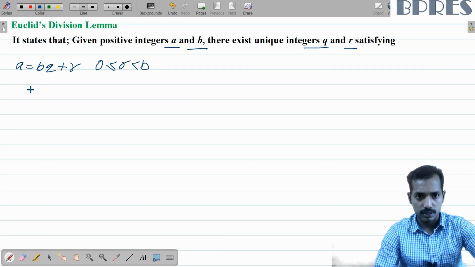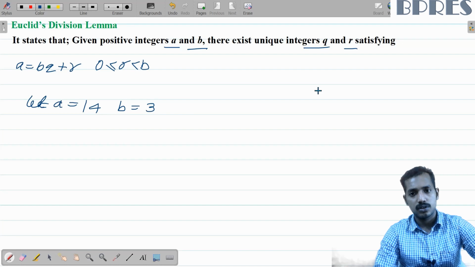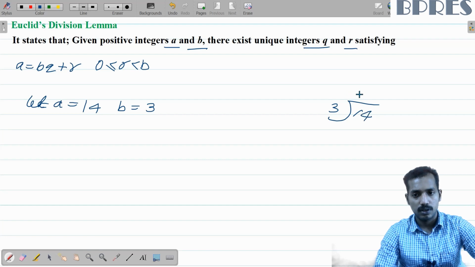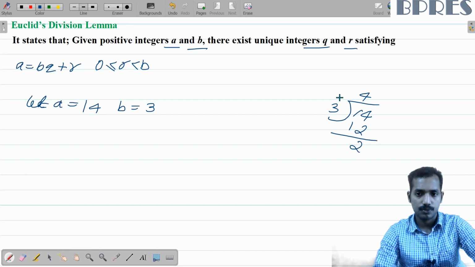Let's take an example. Let a be equal to 14 and b be equal to 3. So we are going to divide 14 by 3. The quotient we will get here is 4, and 3 into 4 is equal to 12. The remainder will be 2.